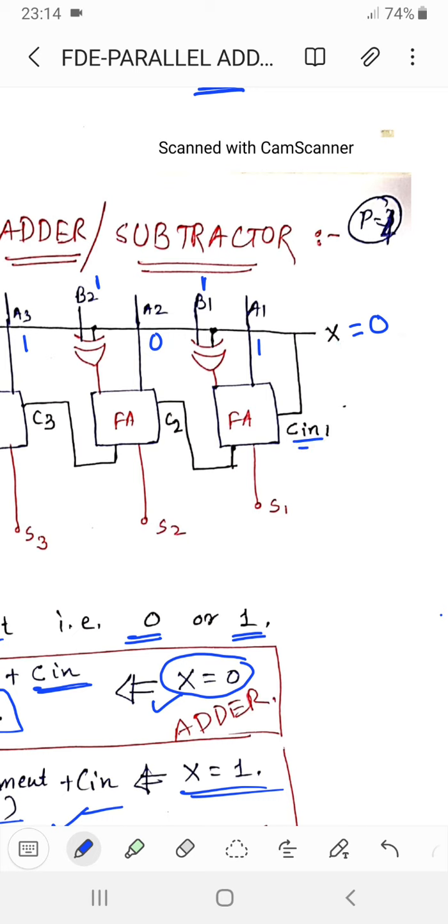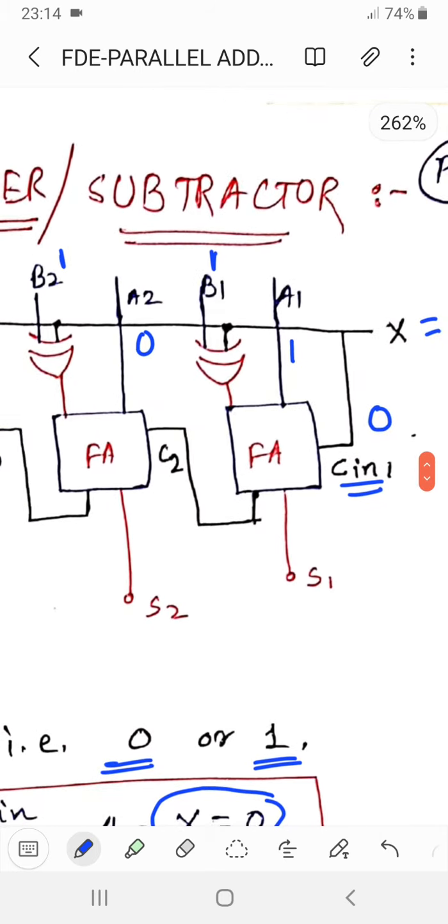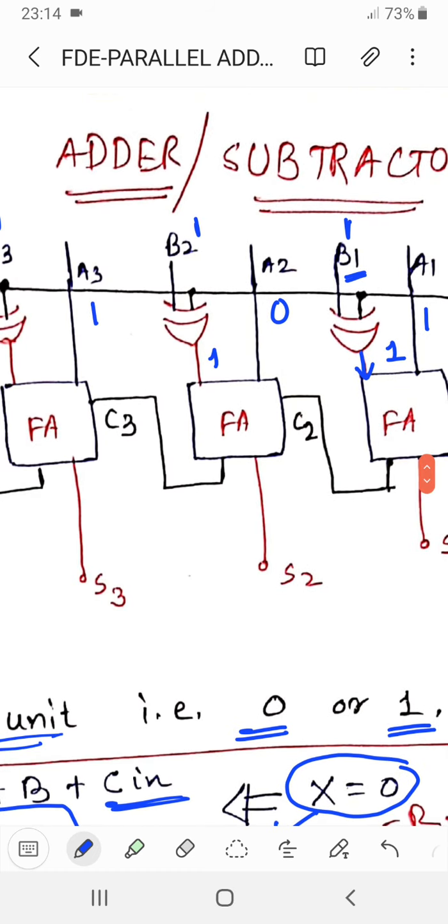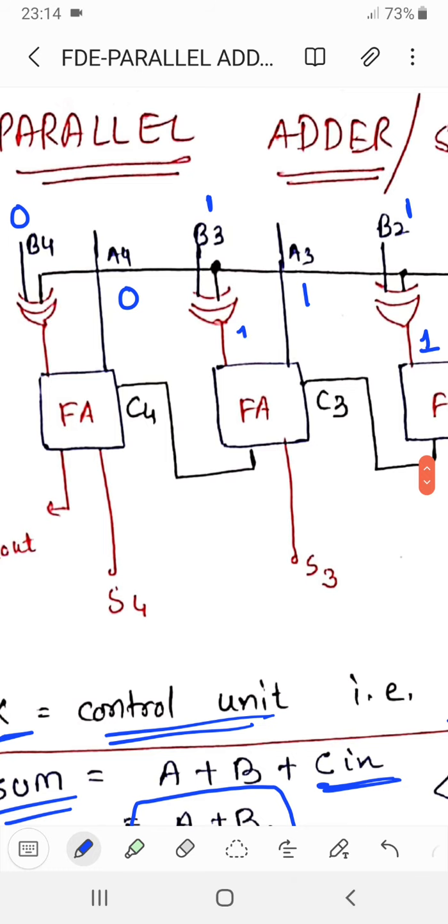For every XOR operation, because x is 0, the input of this full adder is equal to my second input. So here this is 1, this one is also 1, this one is also 1, and this is 0.